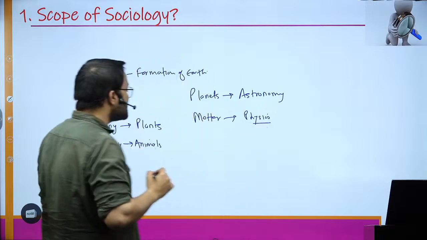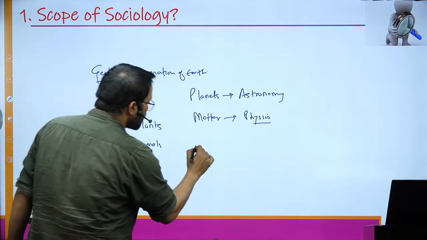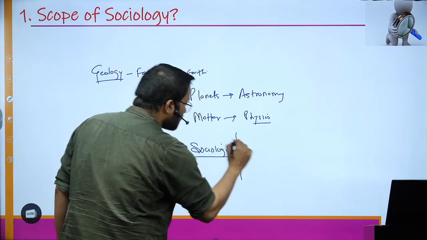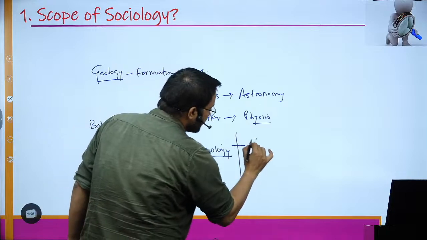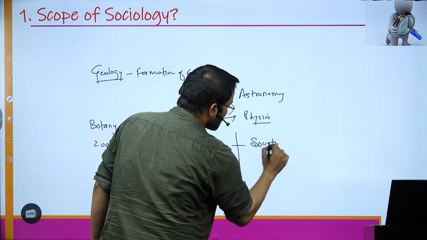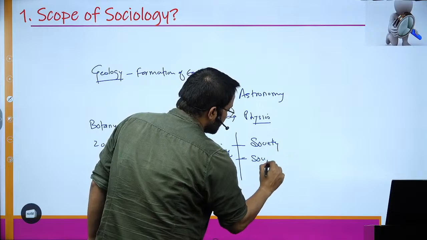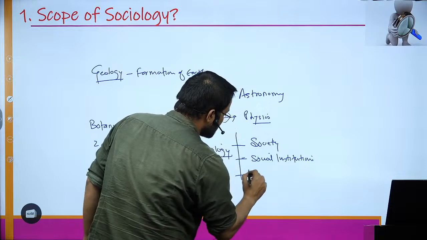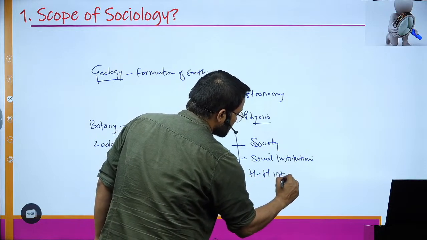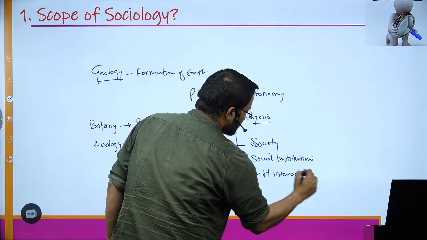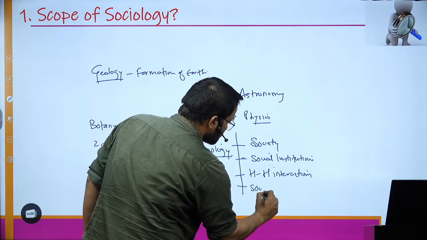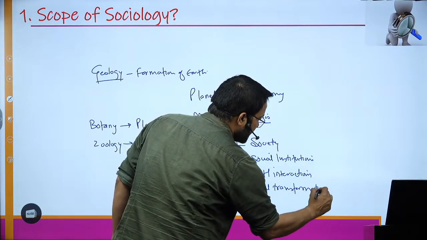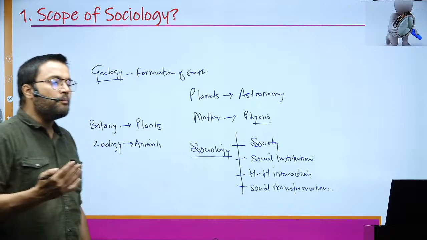Like this, for sociology, the subject matter or the scope of sociology is society, social institutions, human to human interactions, and social transformation: how the society is changing, how family as an institution is changing, how marriage as an institution is changing.